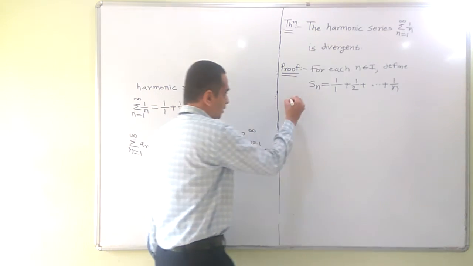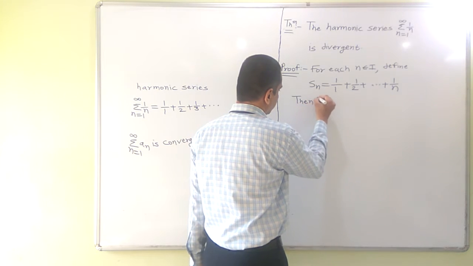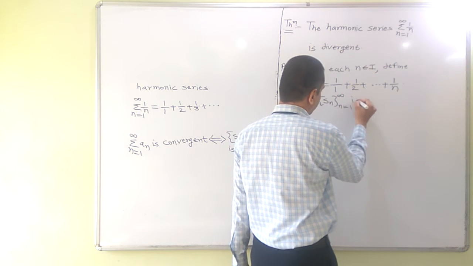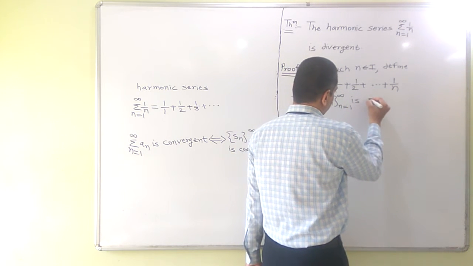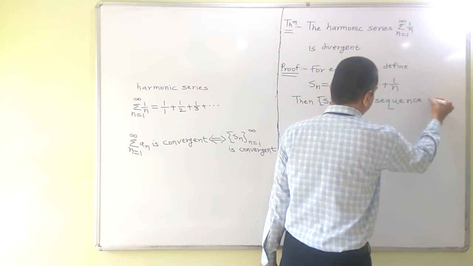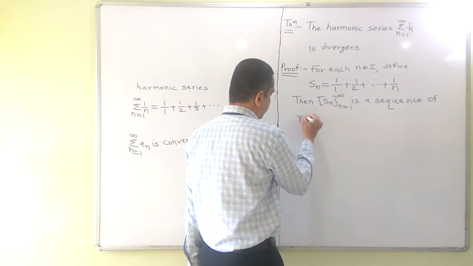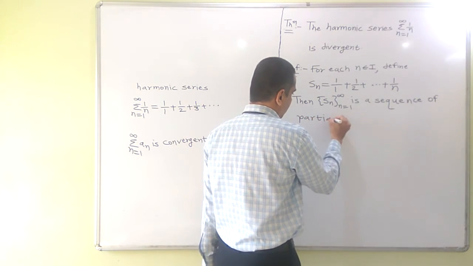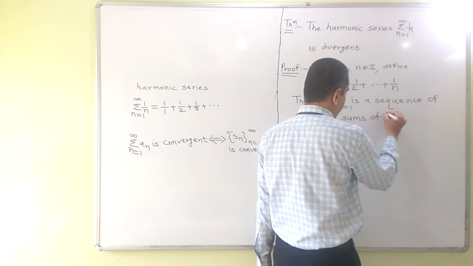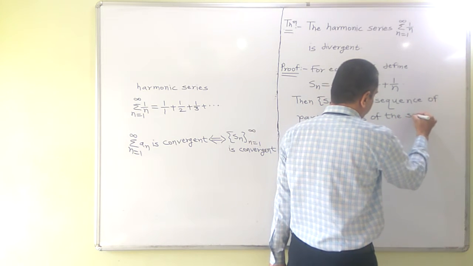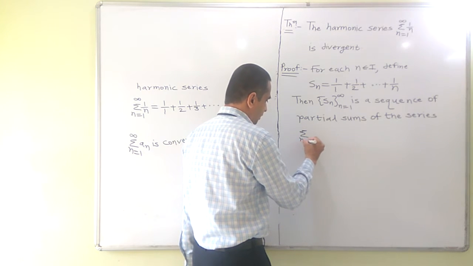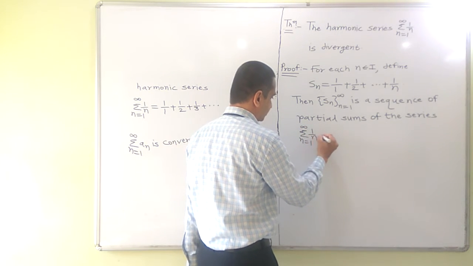Then S_n, n equal to 1 to infinity, is a sequence of partial sums of the series summation n equal to 1 to infinity 1 upon n.